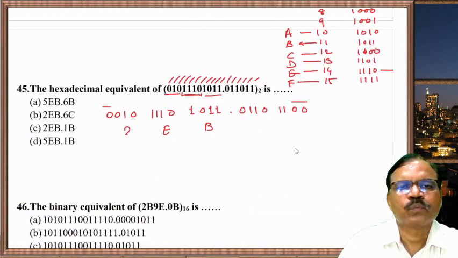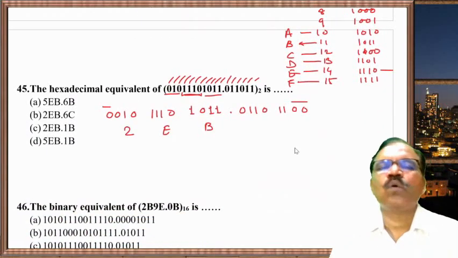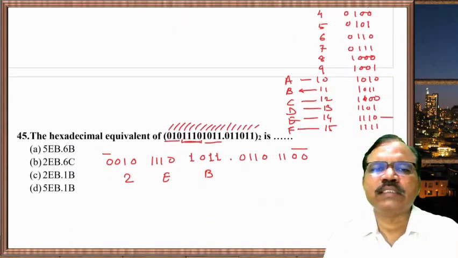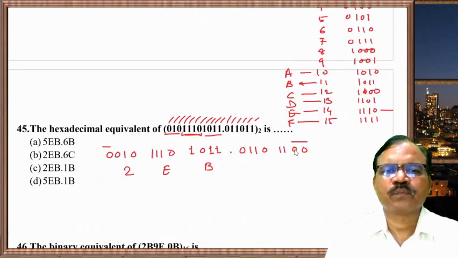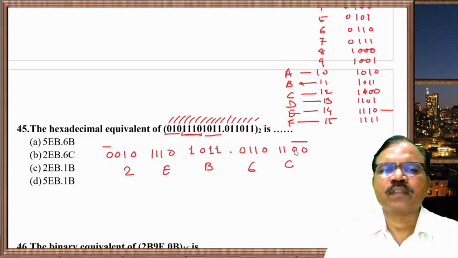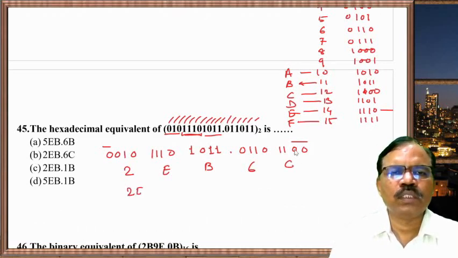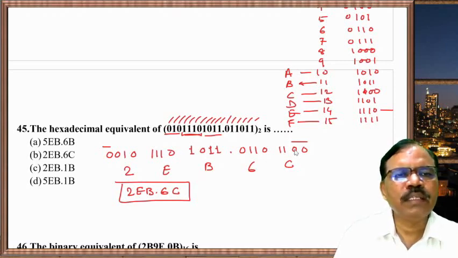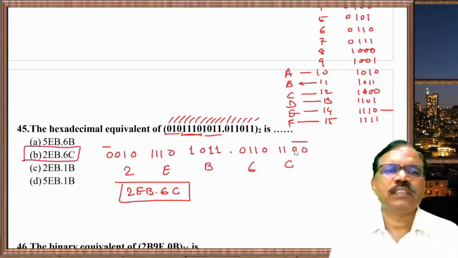And point 0110, that is 6, and here 1100, that is C. So number is 2EB dot 6C. This is the number. So this is correct answer.